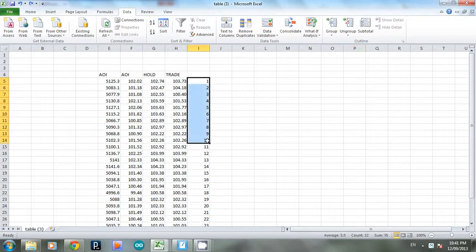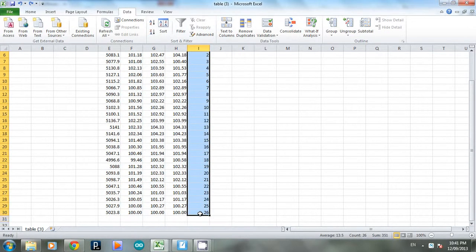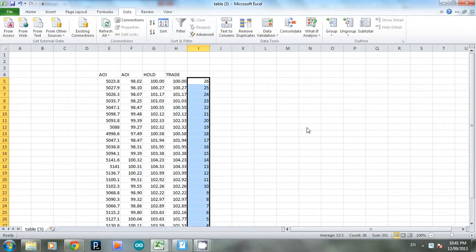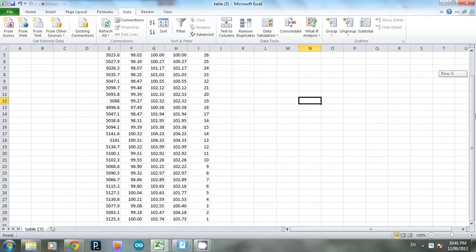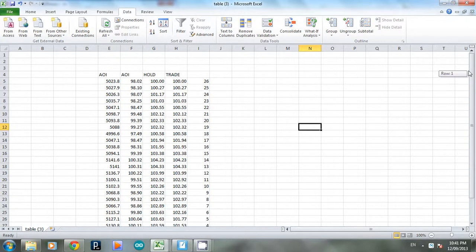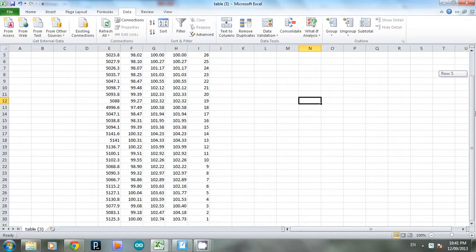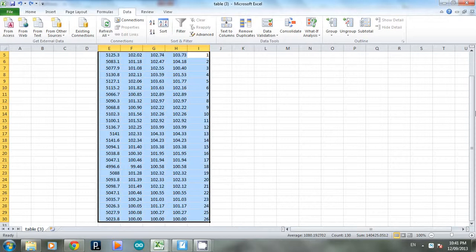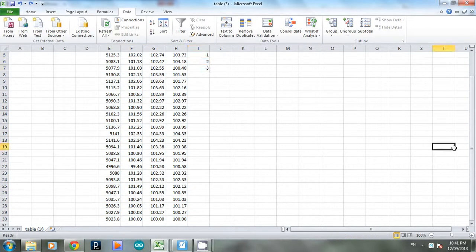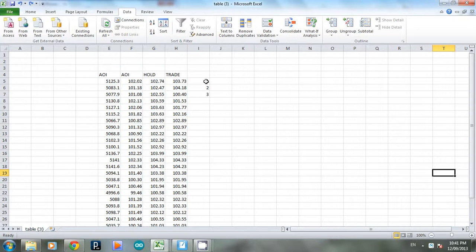Okay, I'm going to try that one more time. Okay. You might be able to see my issue here. The issue I have is that they're all flipped the right way around except for the AOI one.